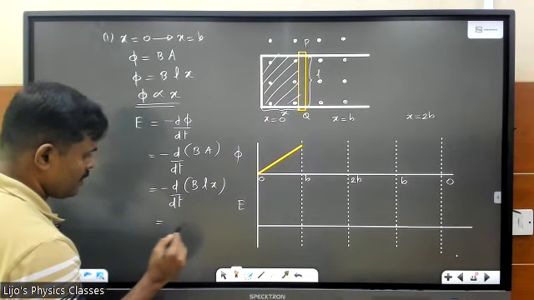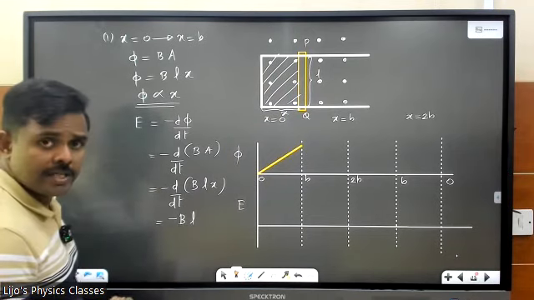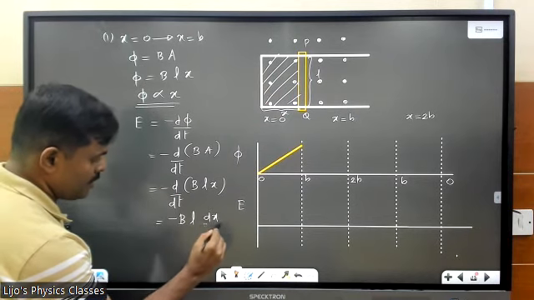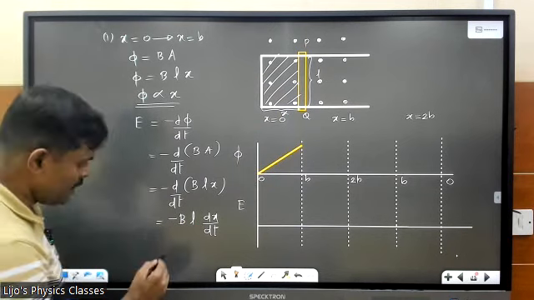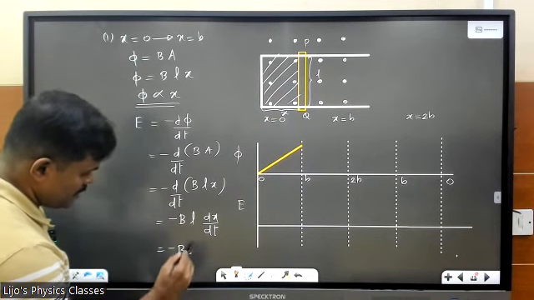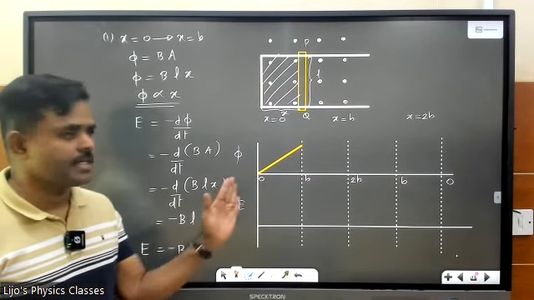B and length are taken outside, and inside you get dx by dt. dx by dt is called velocity. So minus B l v. This is the equation for EMF in the first segment, 0 to b.